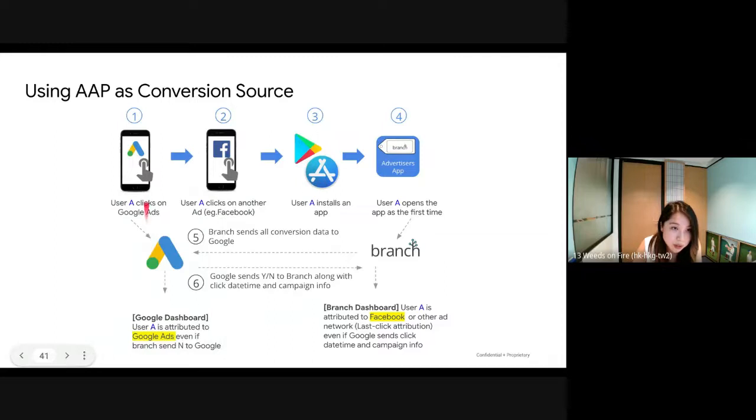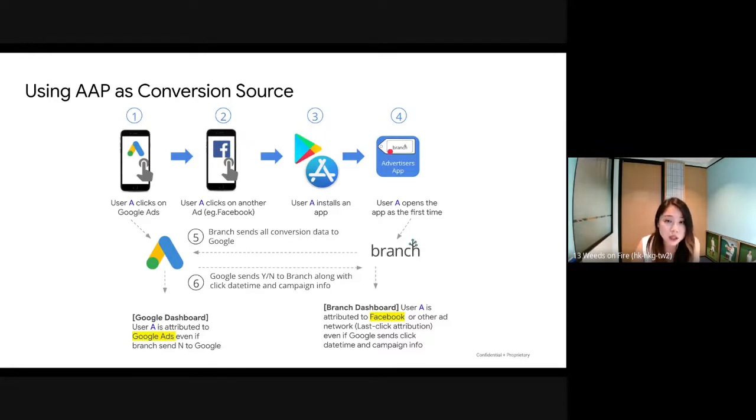laser pointer out. So here you see that user A clicks on Google Ads. And then step 2 is user A clicks on another ad. It could be Facebook. And then after that, this user installs the app. And lastly, user A opens the app for the first time. So in this flow, you see that these 2 platforms actually contribute to this conversion.